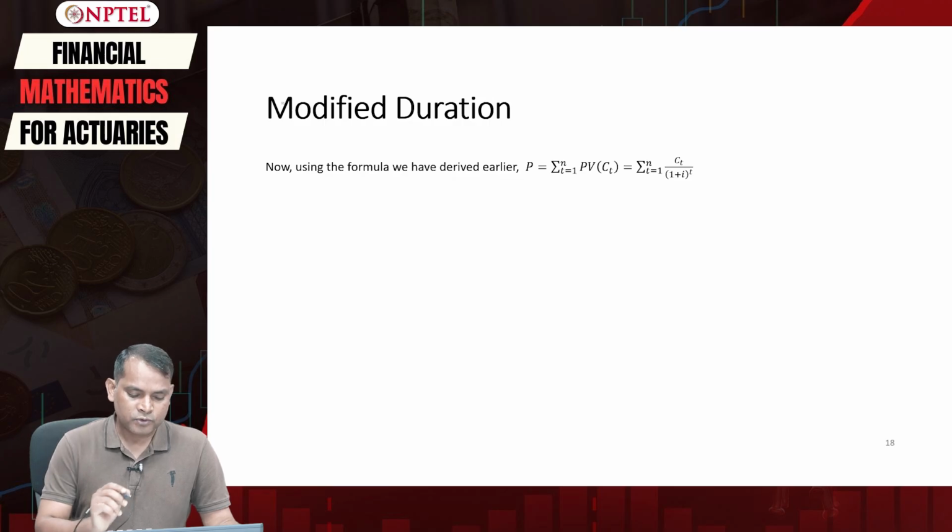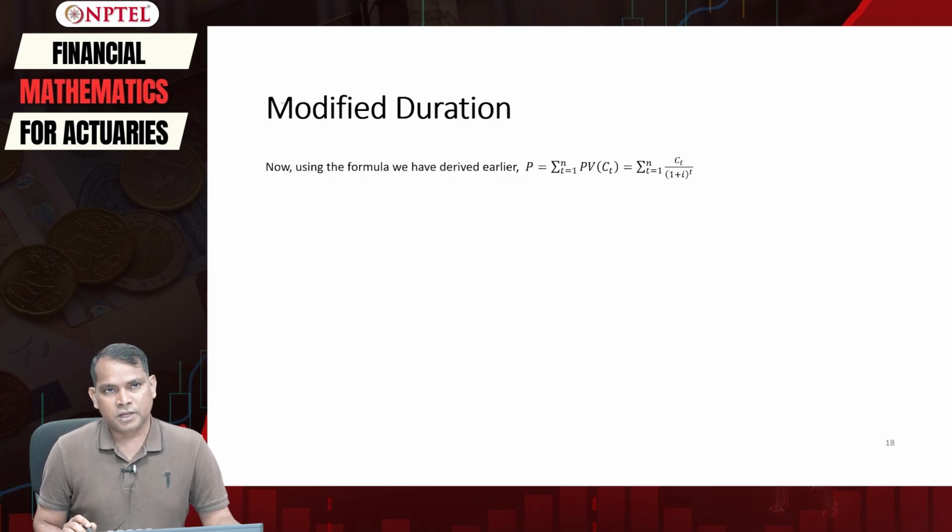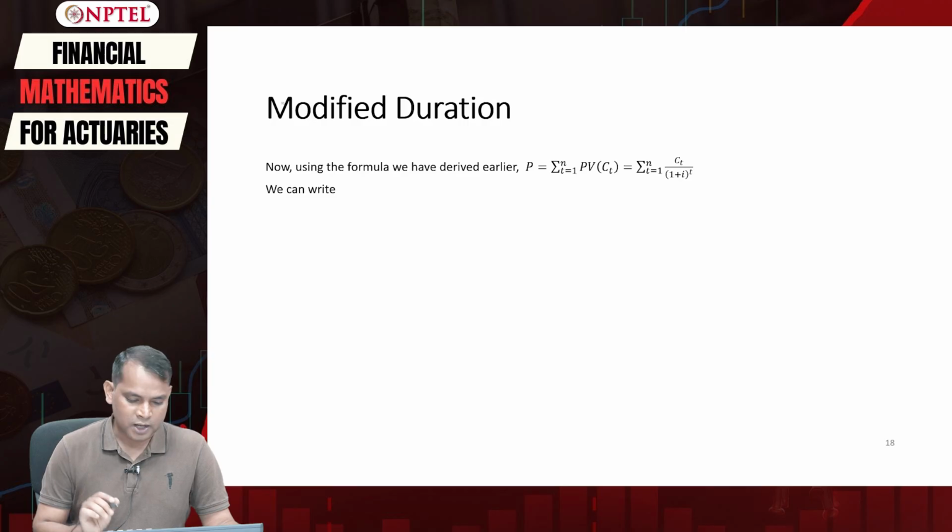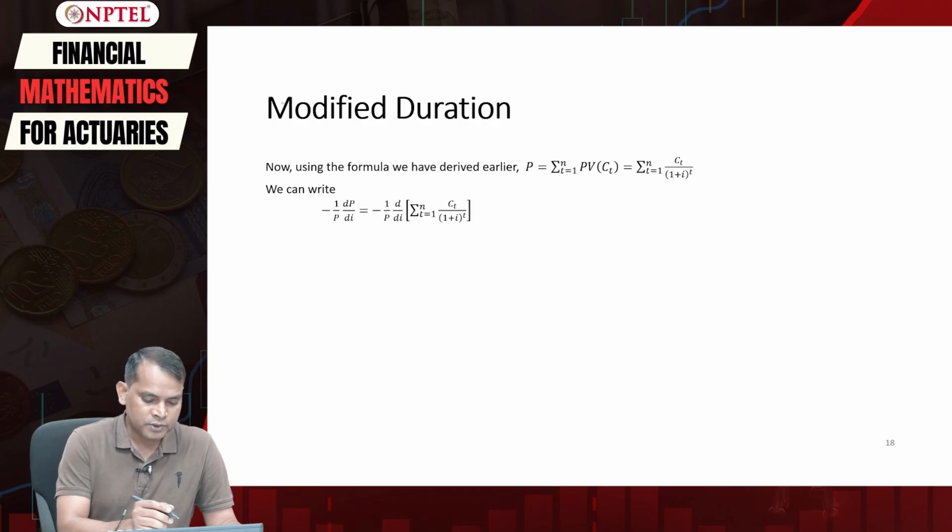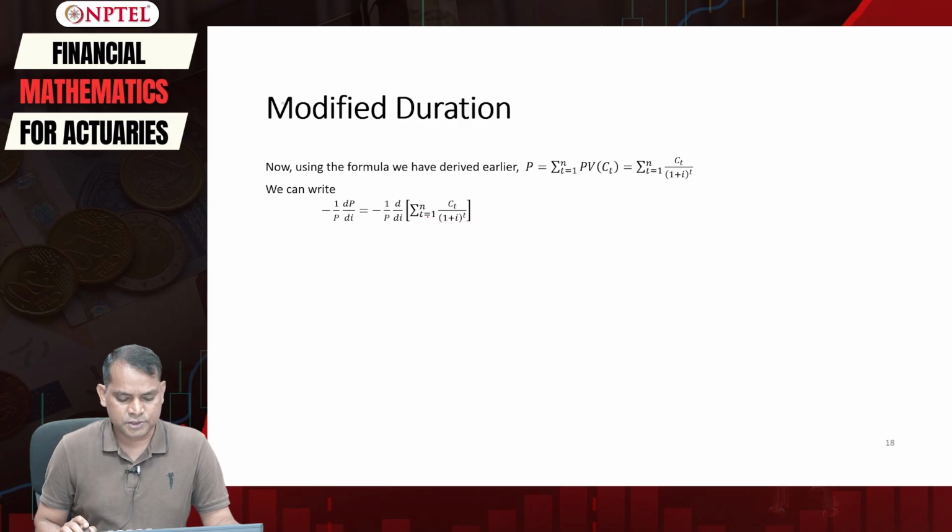Now using the formula we have derived earlier, P is equal to the sum of the present value of cash flows, which is equal to the sum of Ct divided by (1 plus i) to the power t. Now we can rewrite the formula as minus 1/P dP/di, which is equal to minus 1/P times the derivative with respect to i of the summation of Ct upon (1 plus i) to the power t.